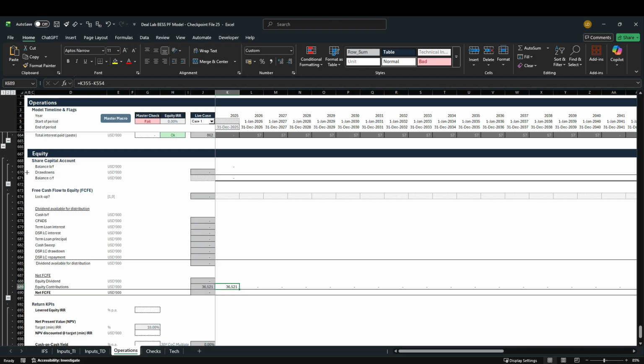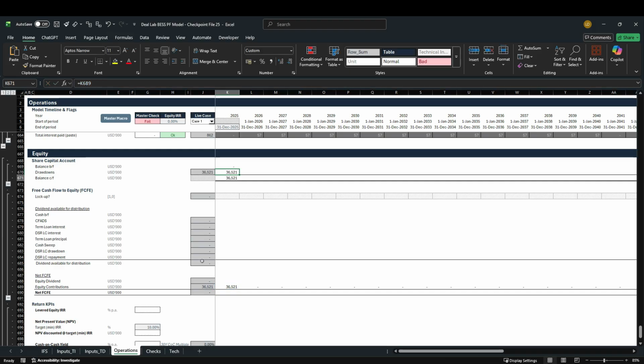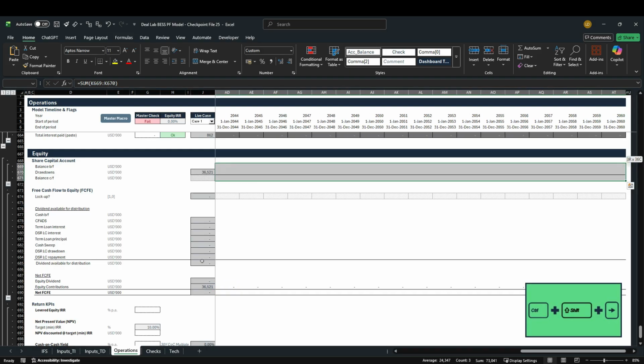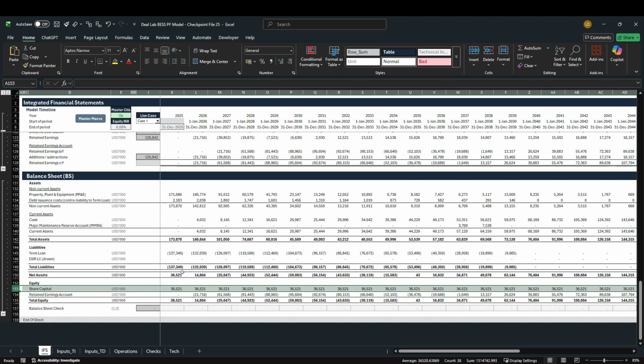So for our share capital account, all we have to do is link our drawdowns from our equity contribution row down here, pick up this number, and let's drag this one over, Control R. And check this out, our balance sheet seems to balance now. Let's move over to our balance sheet.